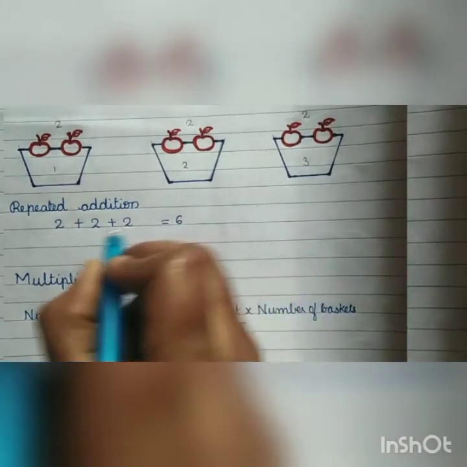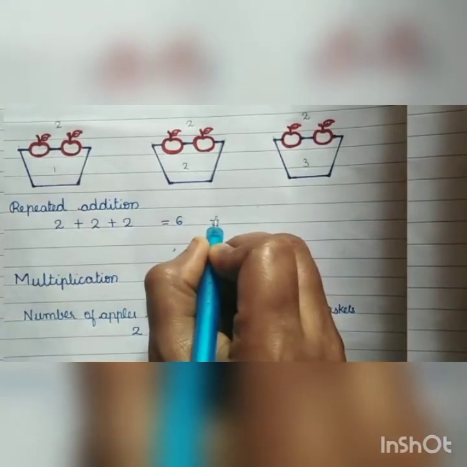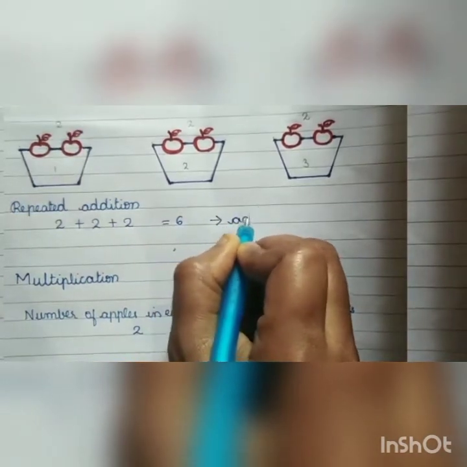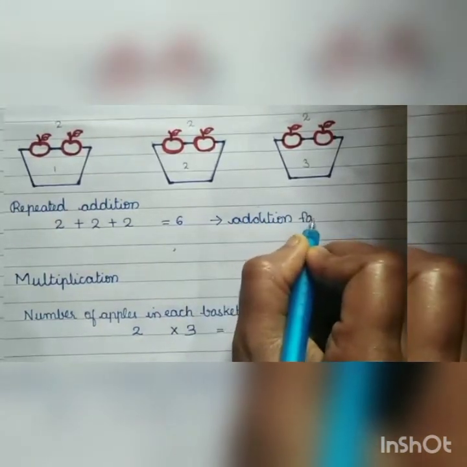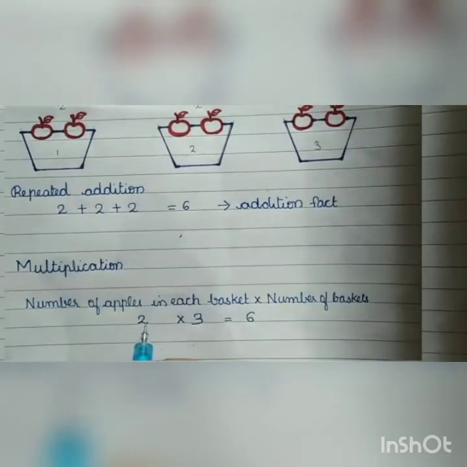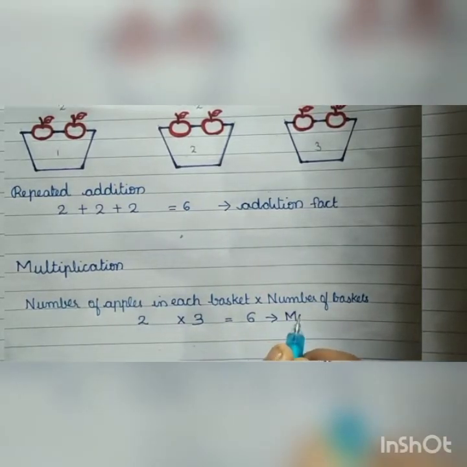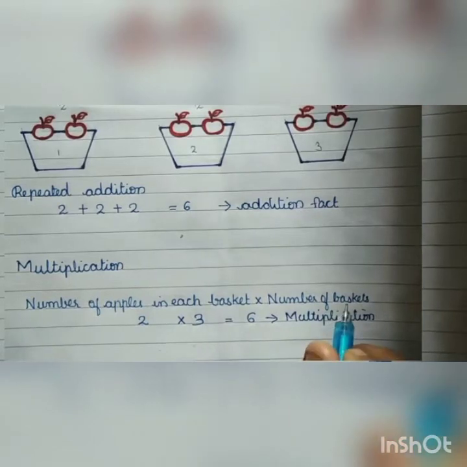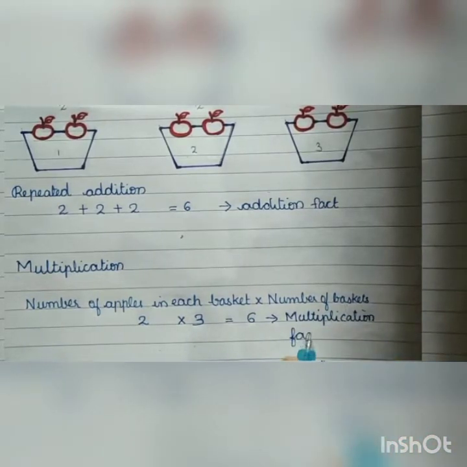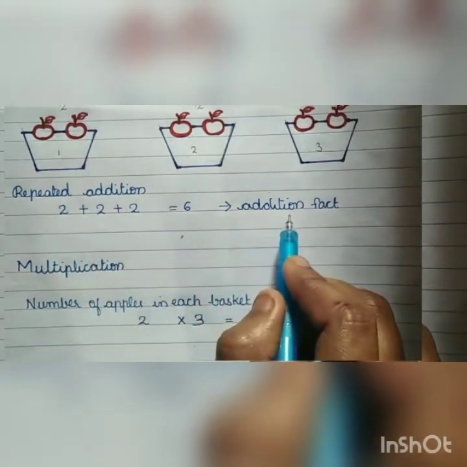So here the statement 2 plus 2 plus 2 equal to 6 is called addition fact. And the statement 2 into 3 equal to 6 is called multiplication fact. 2 plus 2 plus 2 equal to 6 is called addition fact.